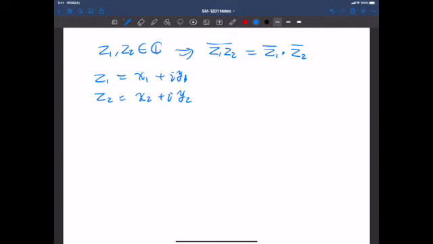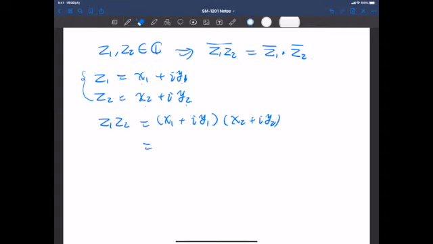And of course, we're assuming x1, y1, x2, y2 are all real numbers. Then z1 times z2 is x1 plus iy1 times x2 plus iy2.